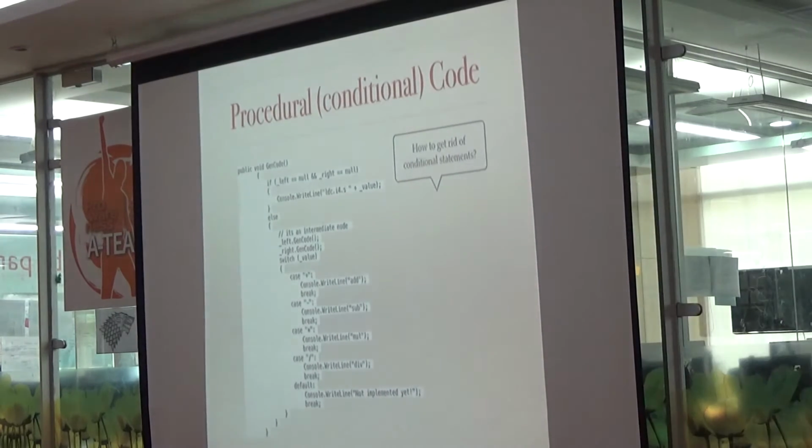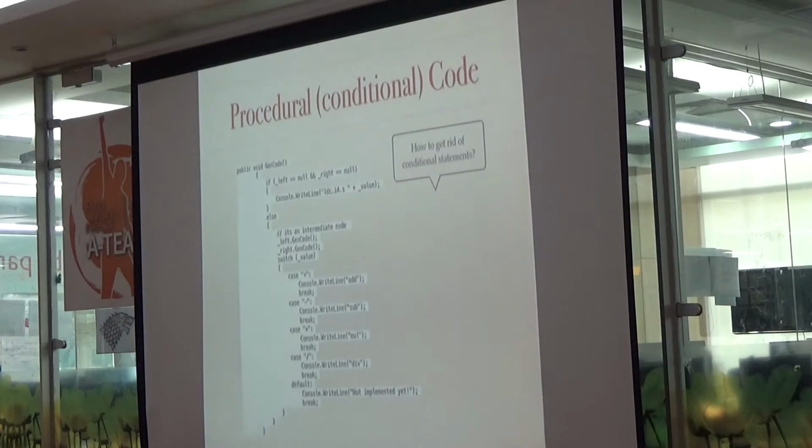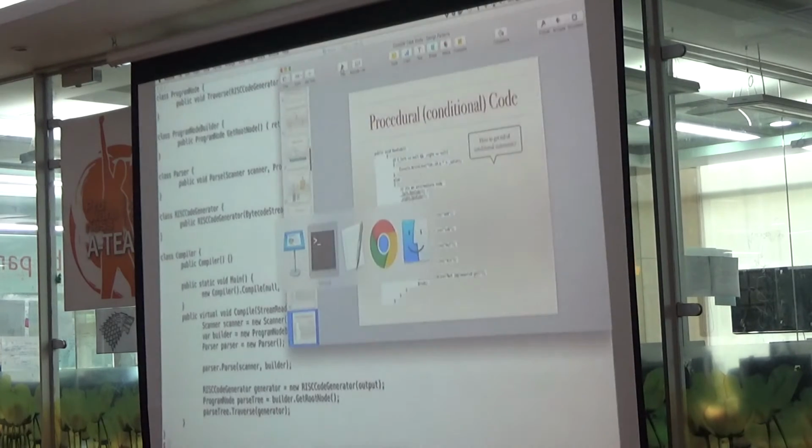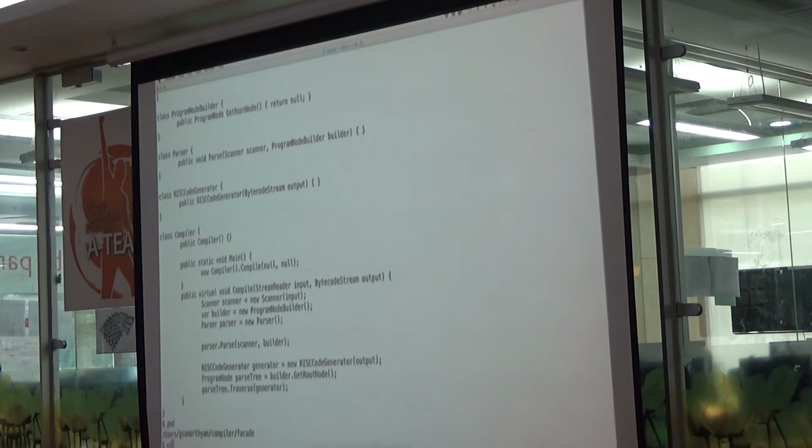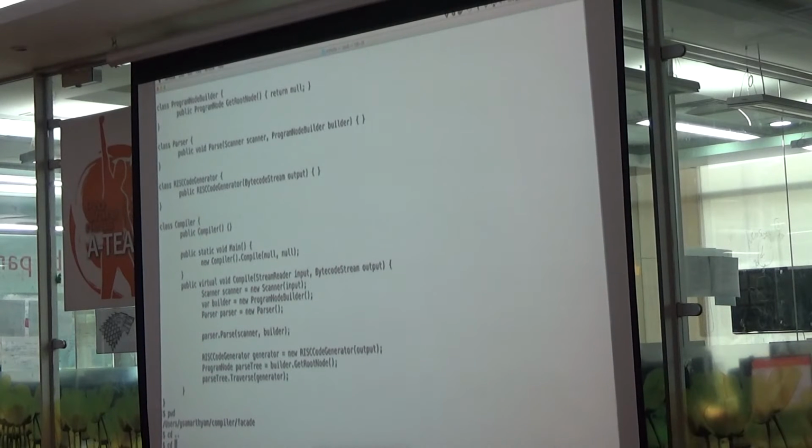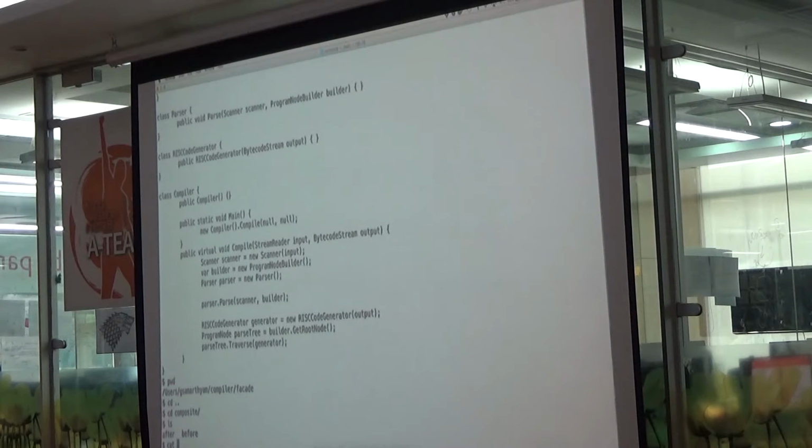Now, how does it look in the code? I'm going to the source code here. Of course, as I mentioned, you can go through it yourself, given the source code and the directory. I have a file called before.